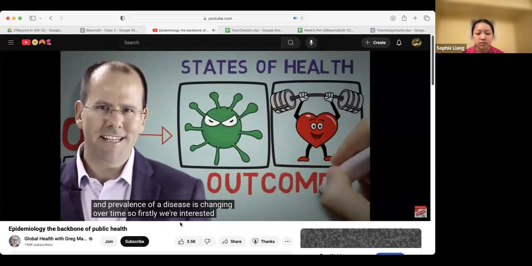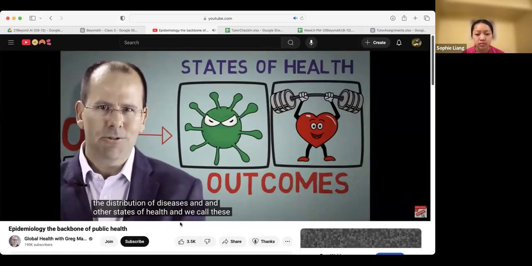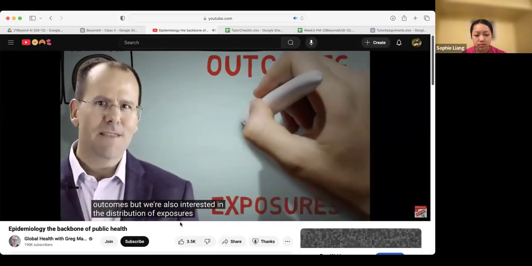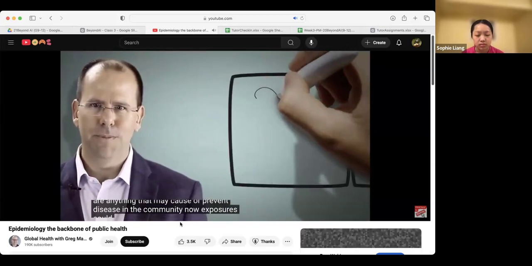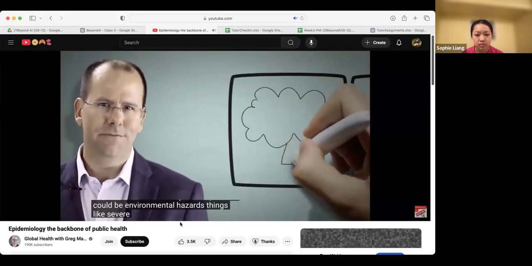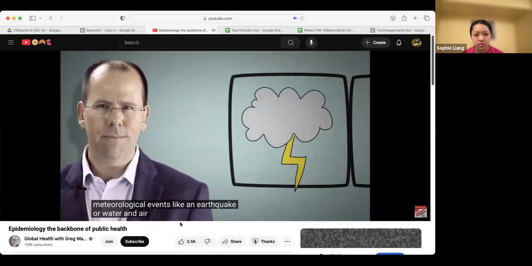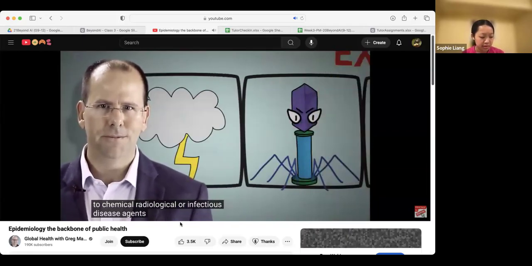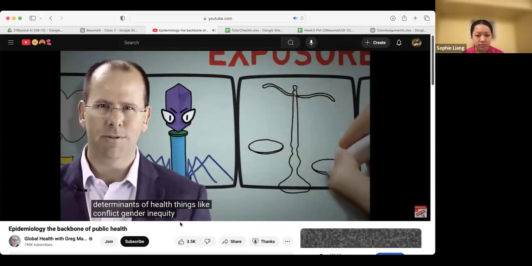So firstly, we're interested in the distribution of diseases and other states of health, and we call these outcomes. But we're also interested in the distribution of exposures. And these are anything that may cause or prevent disease in the community. Now, exposures could be environmental hazards, things like severe weather events, meteorological events like an earthquake, or water and air pollution, or exposure to chemical, radiological, or infectious disease agents, or exposure to social determinants of health, things like conflict, gender inequity, and poverty.